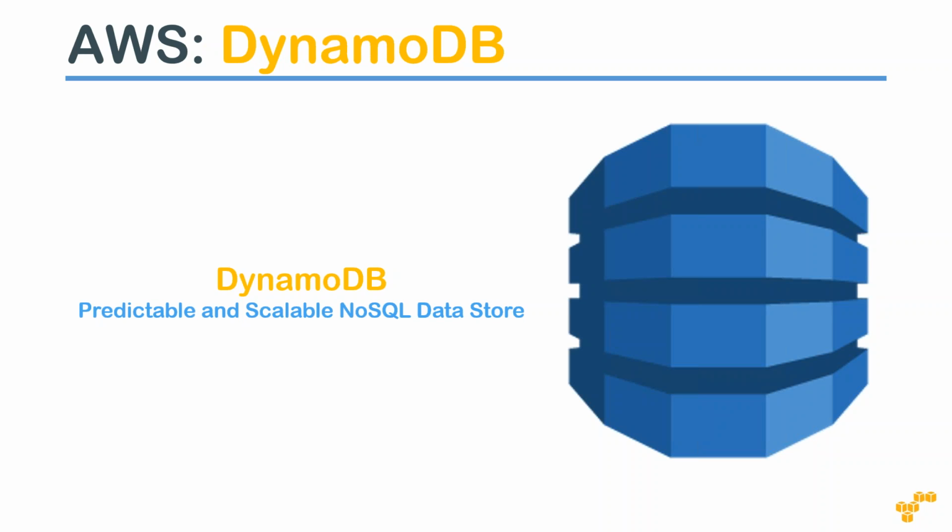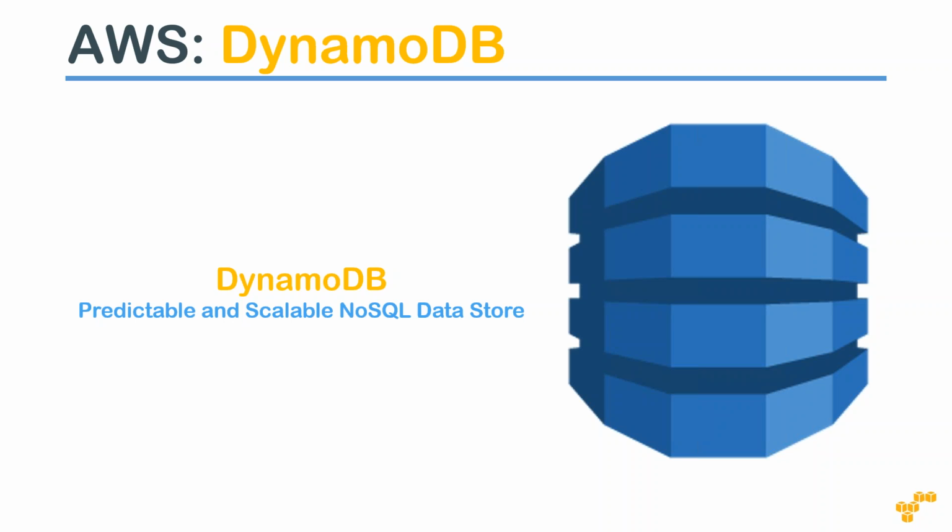So as I said in the beginning, DynamoDB falls into the NoSQL category. That is, it is a non-relational database, and it is always on SSD disks only. When you compare it with RDS, which can be on spinning magnetic disks, DynamoDB is always on SSD disks.